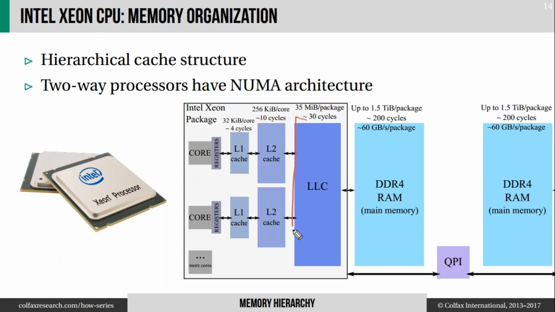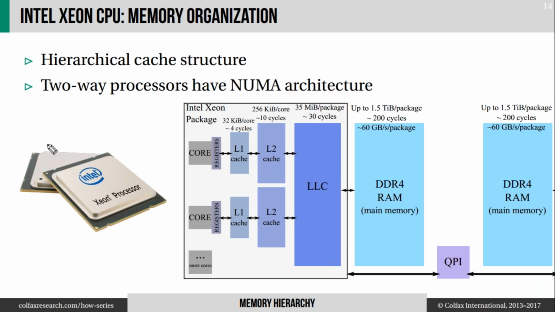Behind the level 2 cache is the last level cache, which is shared across all of the cores in the chip. Some modern processors will have 2 slices of the last level cache because cores are organized into 2 rings. And behind the last level cache is the on-platform memory.